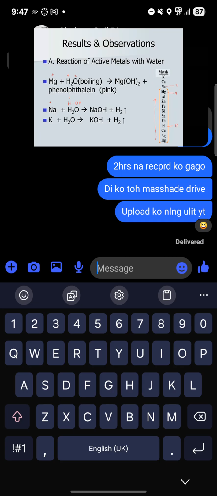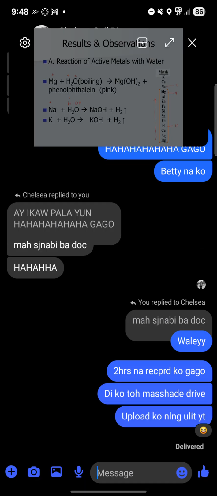It is at number 11. So when we account of its reactivity, sodium is more reactive than your hydrogen. So sodium can replace hydrogen to make sodium hydroxide and hydrogen gas. But it is very reactive that it's not advisable for us to do it in the laboratory. Do not test it, please. Okay?